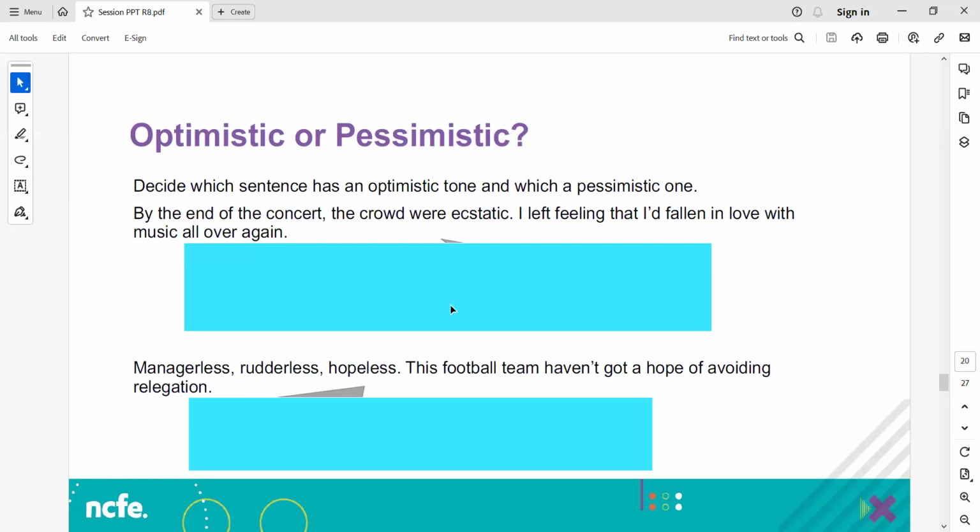By the end of the concert, the crowd were ecstatic. I left feeling that I'd fallen in love with music all over again. And the next sentence: managerless, rudderless, hopeless. This football team haven't got a hope of avoiding relegation. So which one is optimistic? Which one is pessimistic?